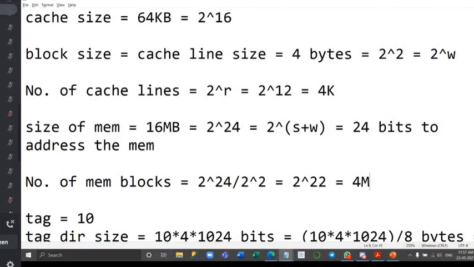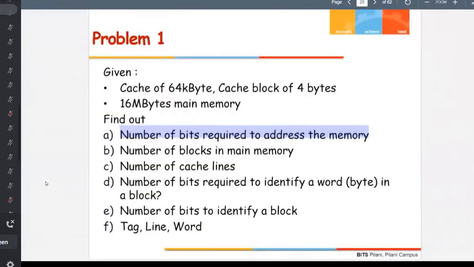So we have 4M memory blocks, each of size 4 bytes. Combining all of them, we get 16 megabytes.